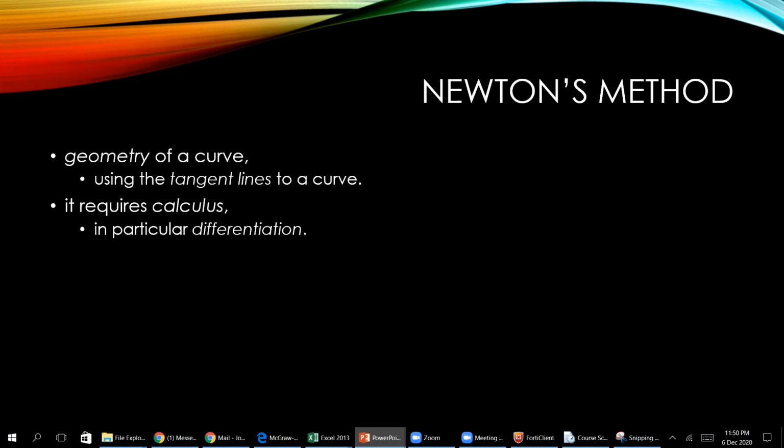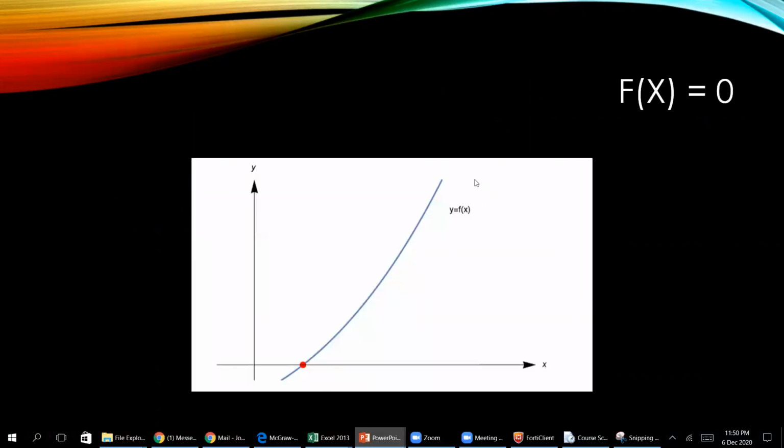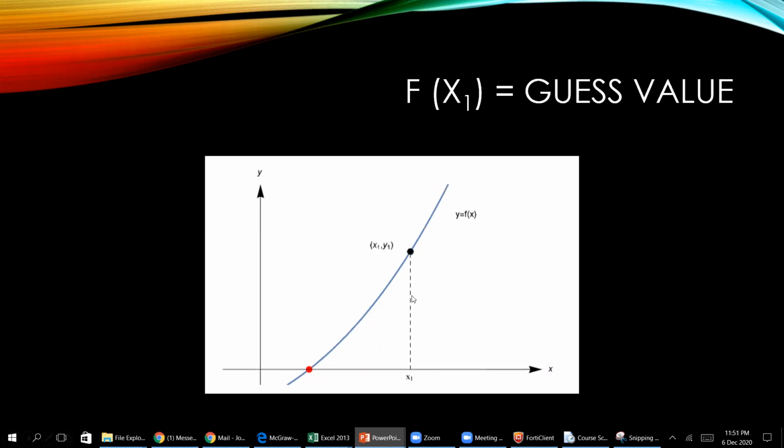So the idea of Newton's method is basically we're going to determine this dot on this curve, in this equation. So we start with an initial guess x sub 1. We calculate the function at x sub 1.